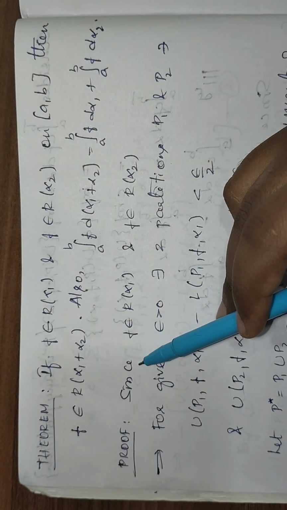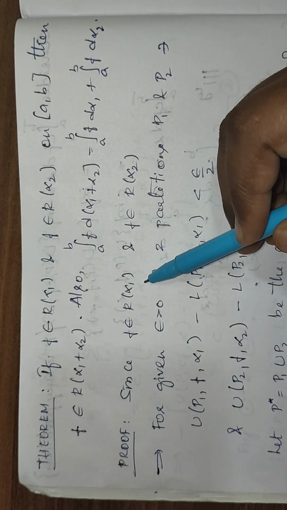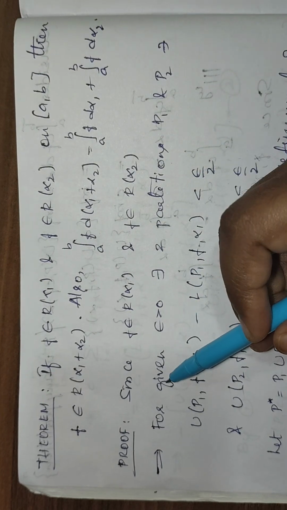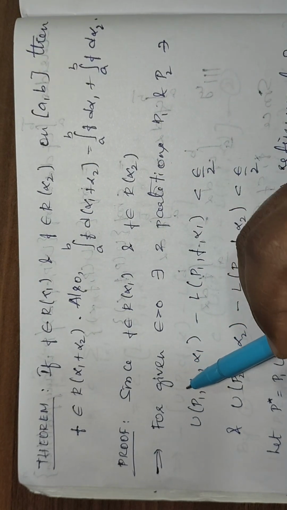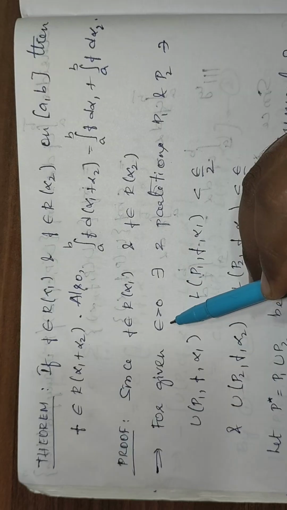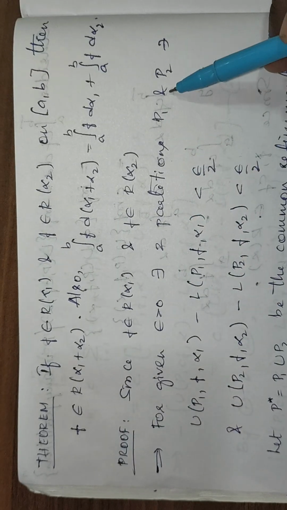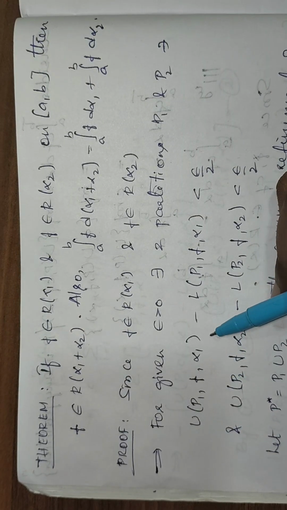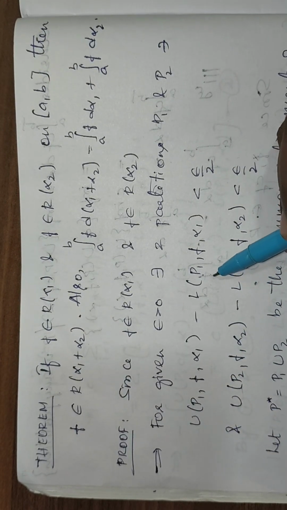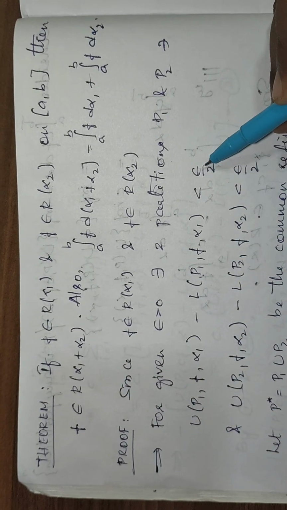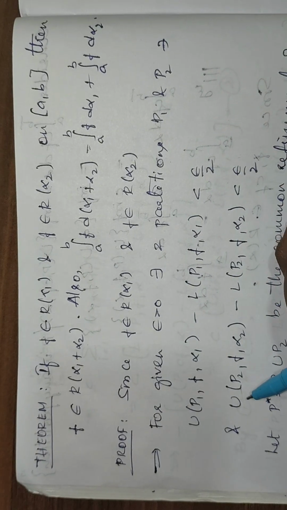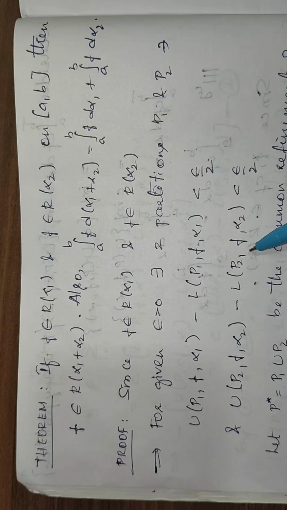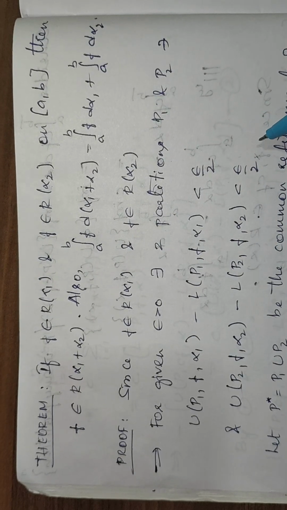Okay. Since f belongs to R of alpha 1 and f belongs to R of alpha 2, by the condition of integrability theorem we have, for given epsilon positive, there exist two partitions P1 and P2 such that U(P1, f, alpha 1) minus L(P1, f, alpha 1) is less than epsilon by 2, and U(P2, f, alpha 2) minus L(P2, f, alpha 2) is less than epsilon by 2.